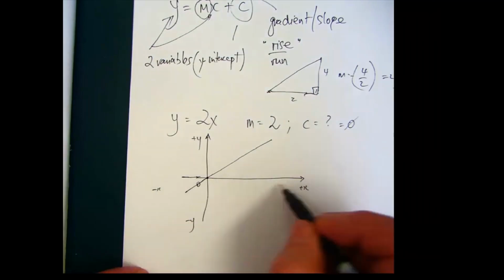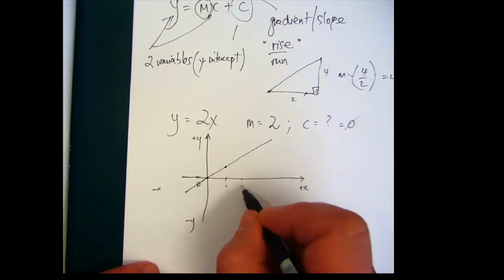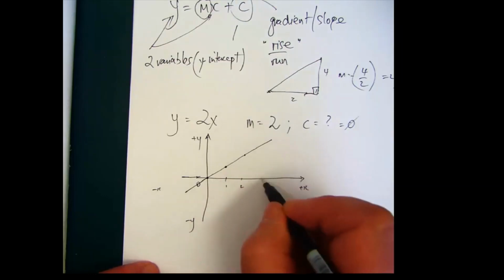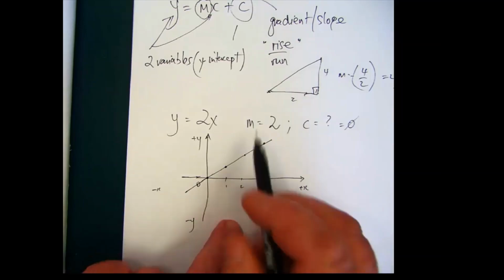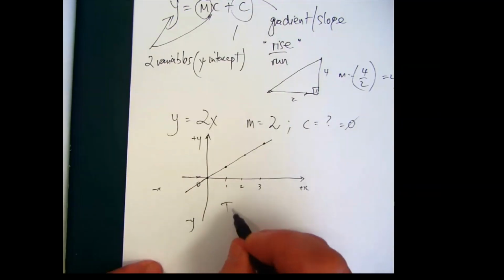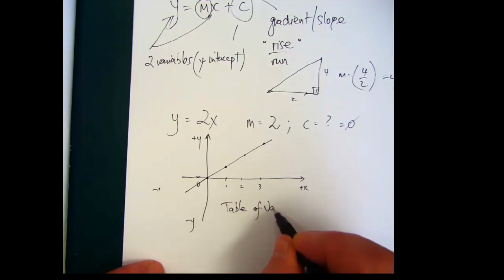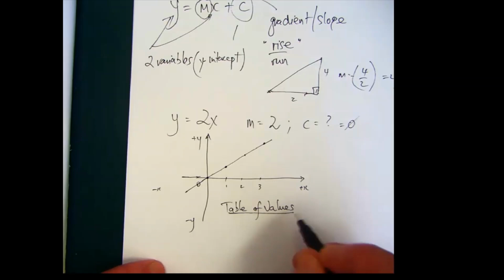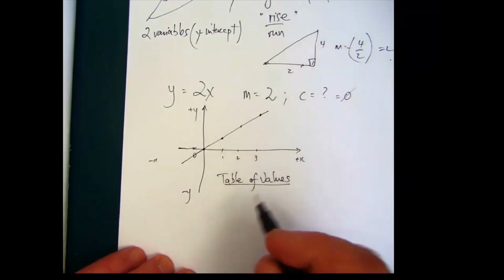If that was 1, this would be 2. If that was 2, this would be 4. If that was 3, that would be 6. Because I'm taking the x value, placing it in here, and getting the corresponding y value. If your lecturer requires you to do a table of values, which often are done prior to the construction, but here we can do it very quickly.